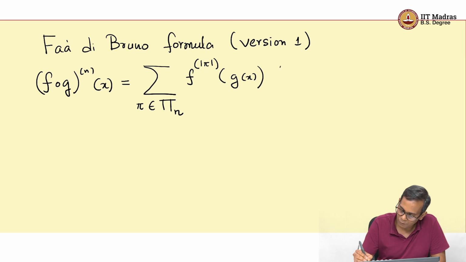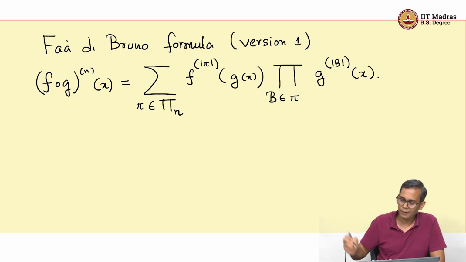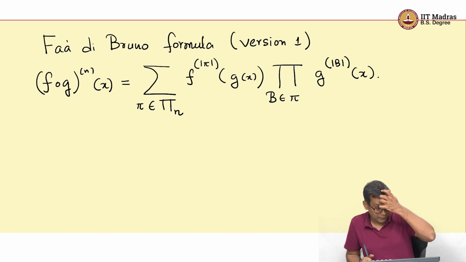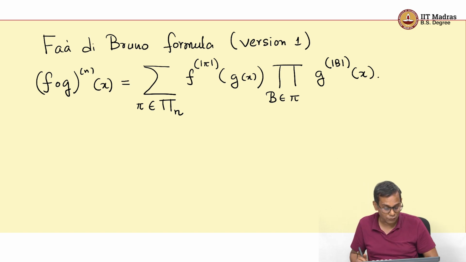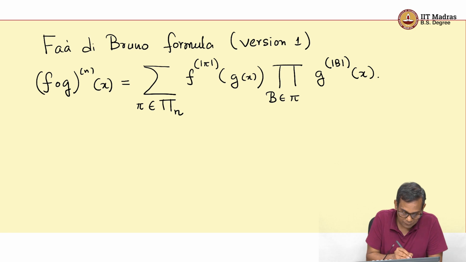And then you would have a product over the blocks of pi, and then g differentiated the size of the blocks many times of x. That's the formula. So it looks like quite a handful. Let's try to understand it first using some examples.